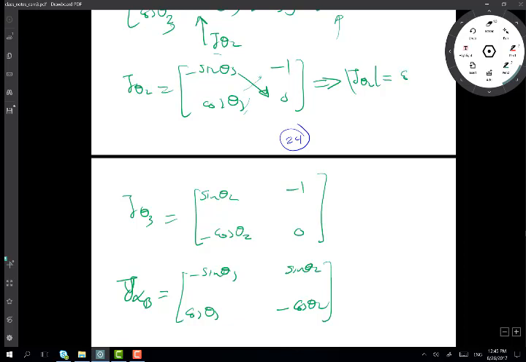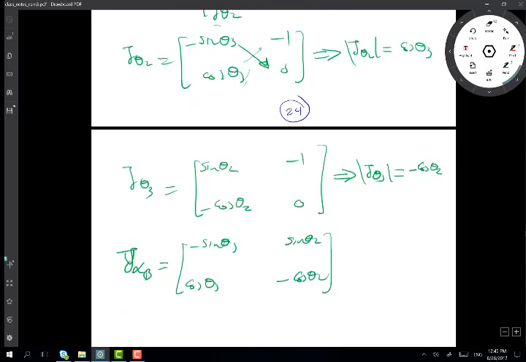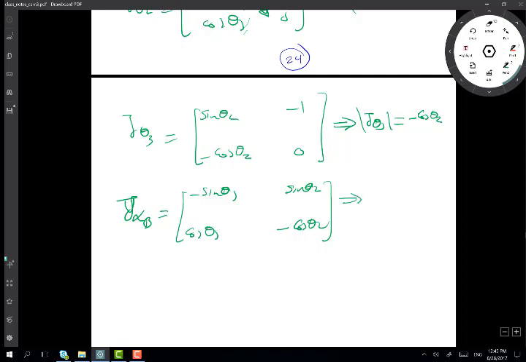So we'll get cosine theta 3, and from here the determinant of this matrix is just equal to minus cosine theta 2, and then the determinant of this matrix, the J xb. Okay, I'll do it on another line.